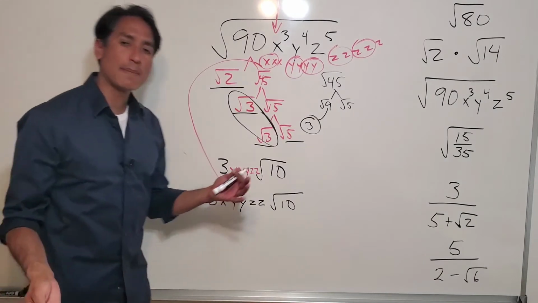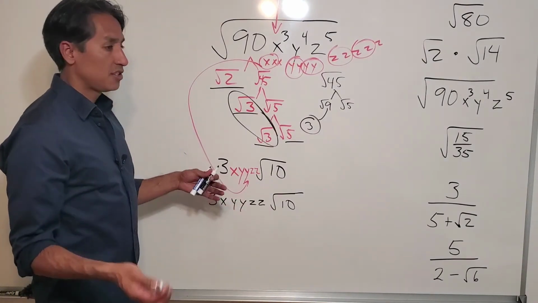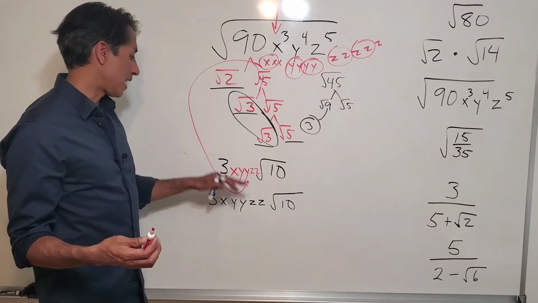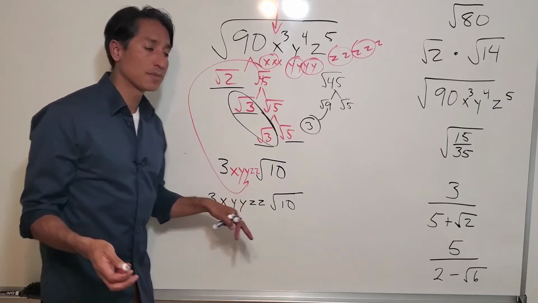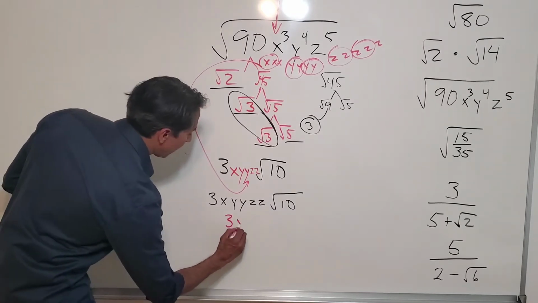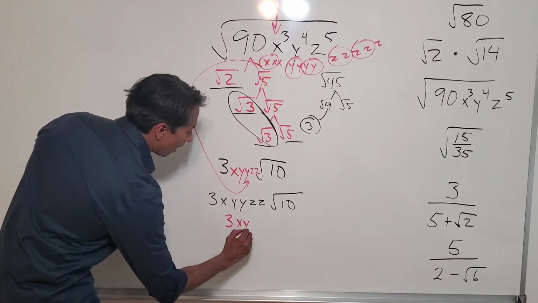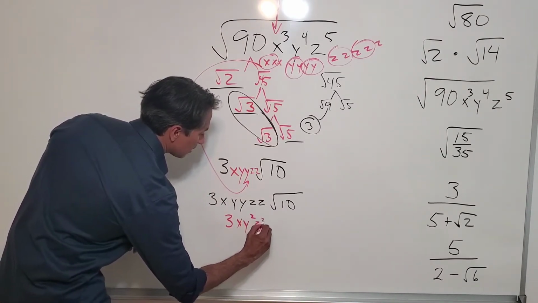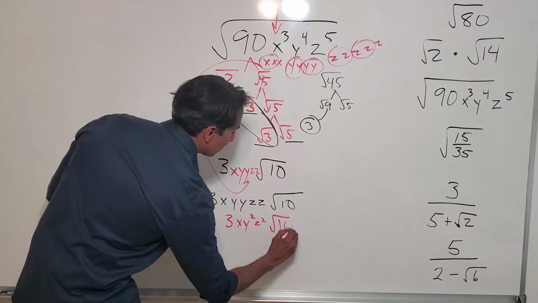So there are 2 steps you can do here. You can say to yourself, well, whatever's on the outside, I can combine like terms and make this into 3x y squared z squared square root 10.